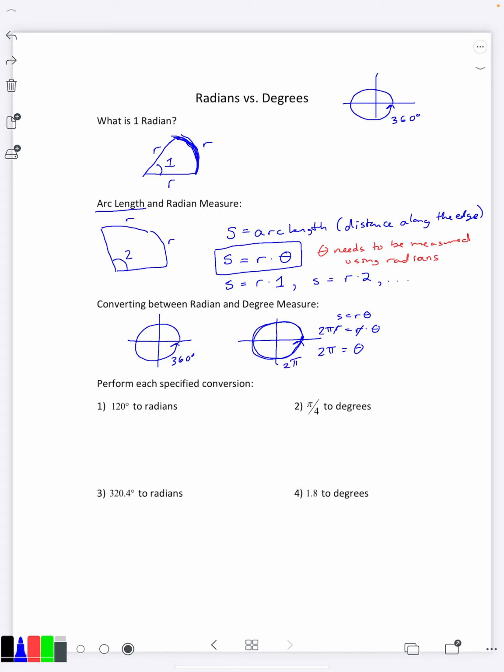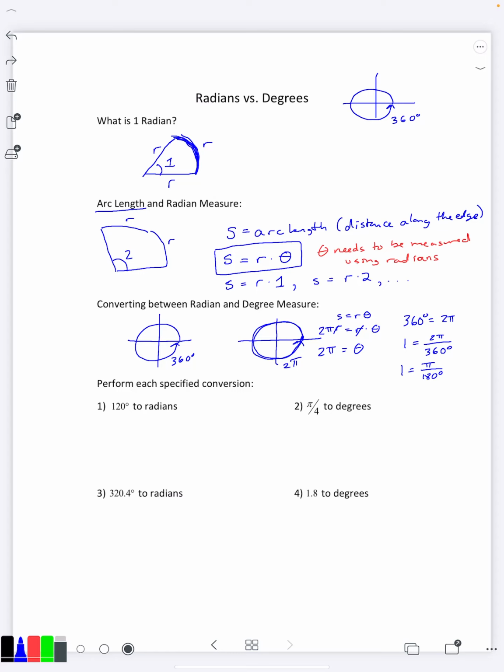And so what this means is that 360 degrees is equal to 2 pi radians. Or in other words, if I divide both sides by 360 degrees, 1 is the same thing as 2 pi over 360, or reducing it down, pi over 180.